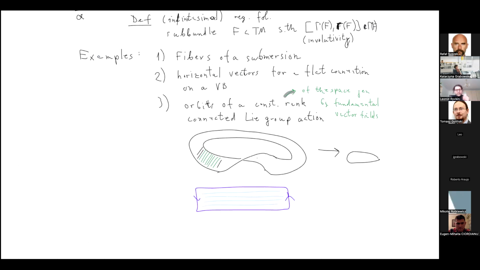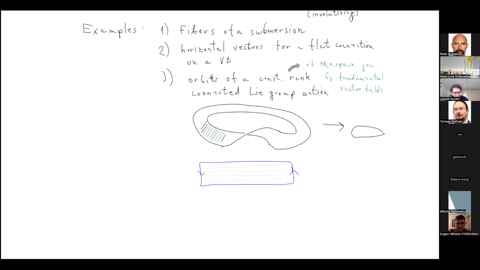Or one can realize the second as an action of S1 on the Möbius band, or R, just by picking a horizontal vector field.